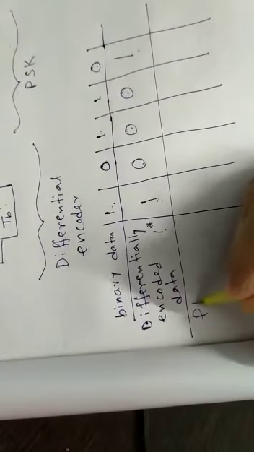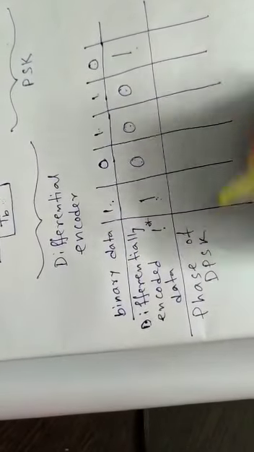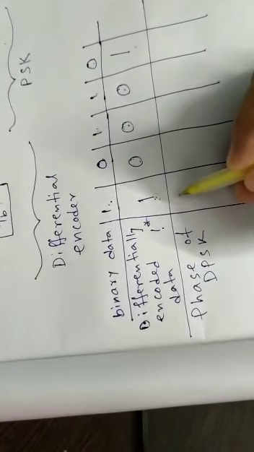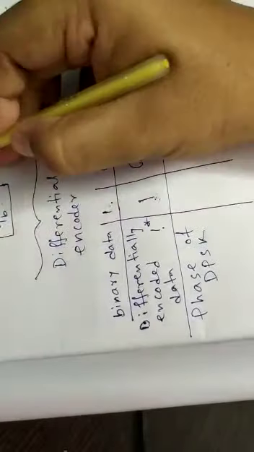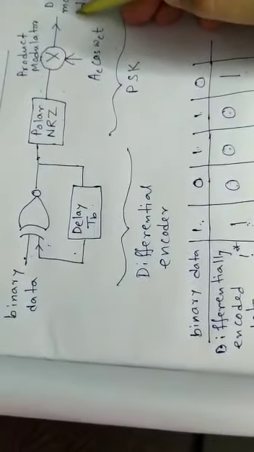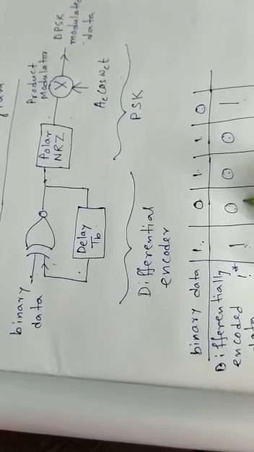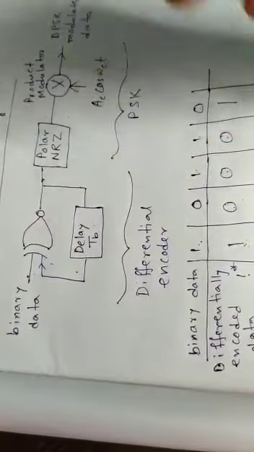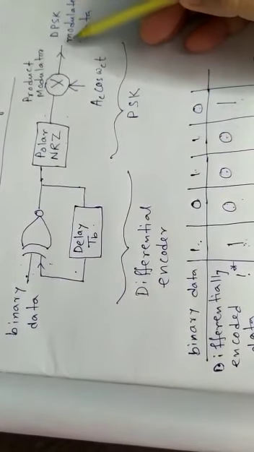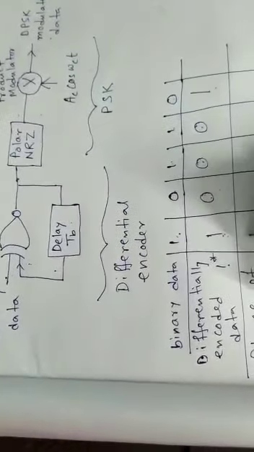So the phase of DPSK. One is represented by just carrier only. That means Ac cos omega ct. And 0 is represented by 180 degree phase shifted version of the carrier. That means minus Ac cos omega ct. So 1 is represented by the carrier.